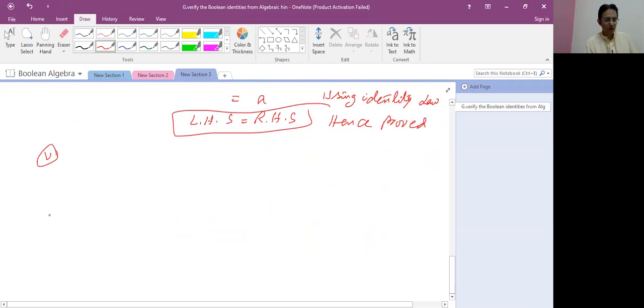Now the next application: when we prove all Boolean identities with the help of algebraic laws.